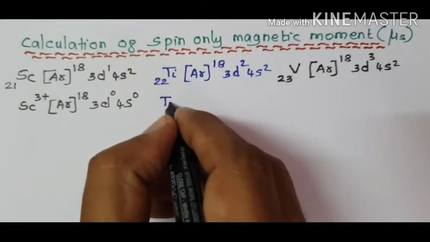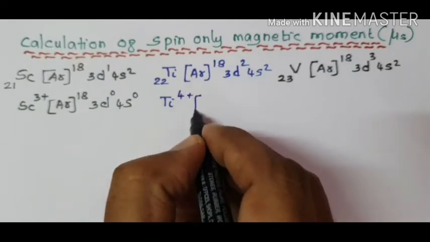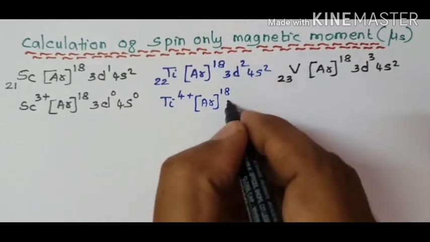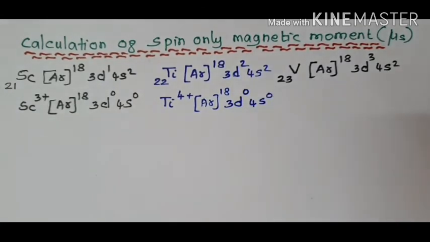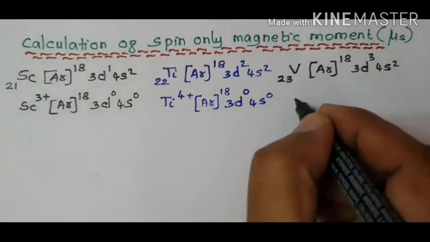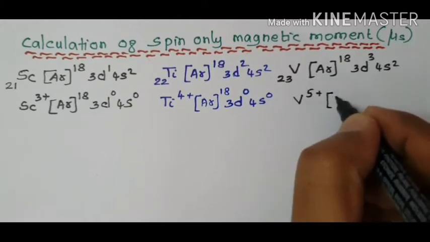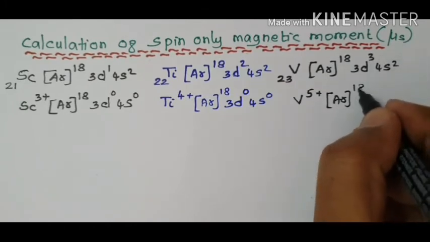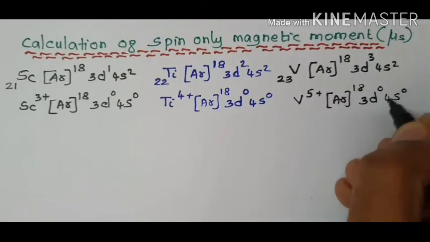Titanium 4 plus, loss of 4 electrons, 2 electrons from the s orbital and another 2 electrons from the d orbital. So titanium 4 plus also attains an empty d orbital. Vanadium 5 plus, loss of 5 electrons, argon 18, 2 from s and 3 from d, 3d0, 4s0.